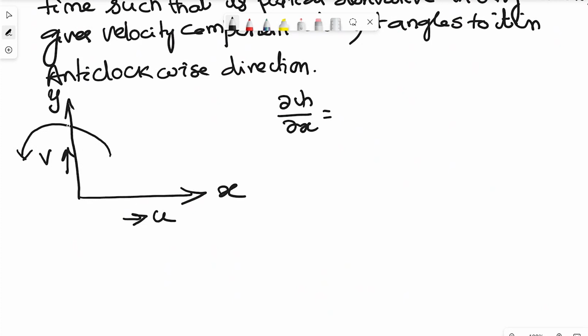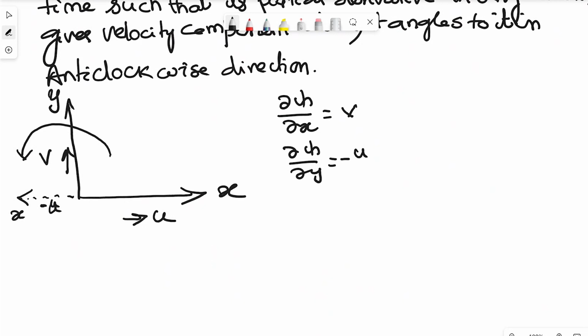It is v. Similarly, dou psi by dou y is equal to the component at right angles to it in the anti-clockwise direction. If this is the x-axis, and in the positive direction it is u, then in the negative direction naturally it should be minus u, because we are measuring in the anti-clockwise direction.